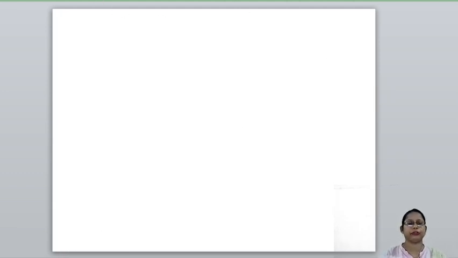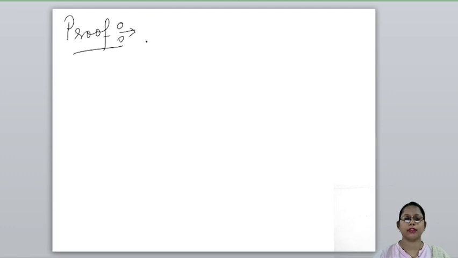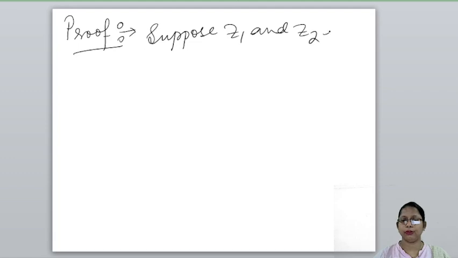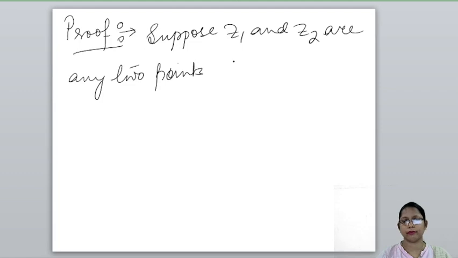Proof. Suppose z1 and z2 are any two points in the z plane.